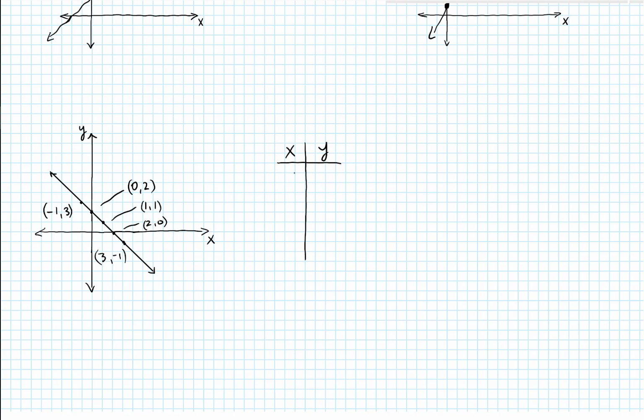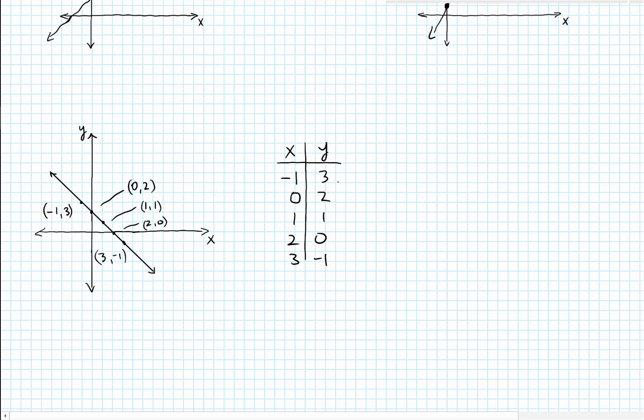In other words, you want them to be just 1 apart as you go down the t-table. So if we start with the x value of -1, so we've got -1, 3, then we have 0, 2, 1, 1, 2, 0, and 3, -1. It makes it a lot easier to analyze what's going on. And if you don't have the x values incrementing by 1, we're going to have to learn some other techniques.